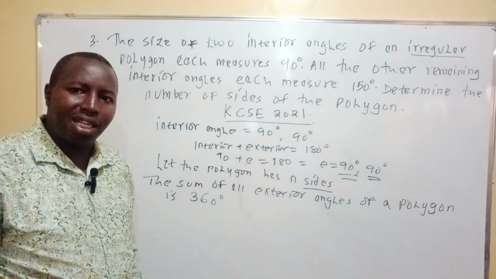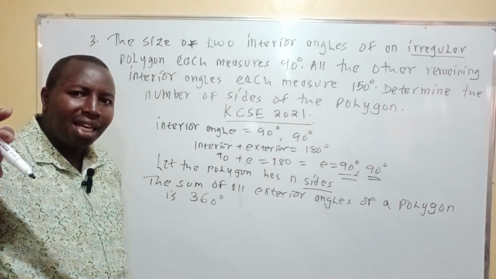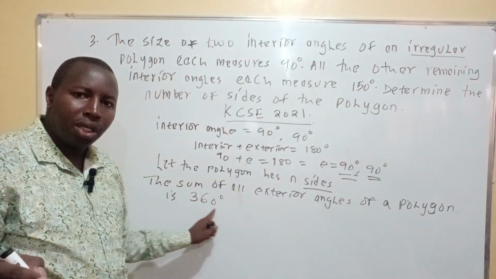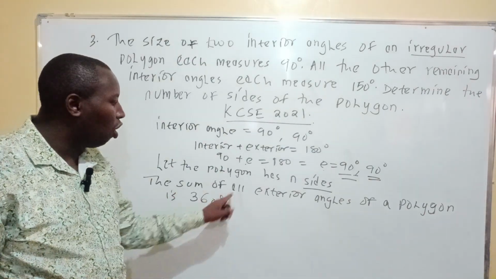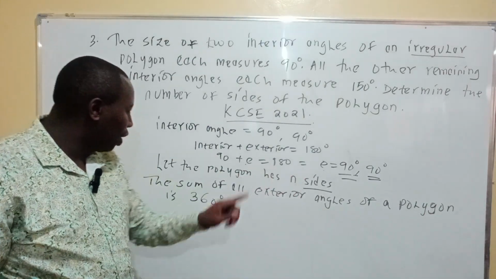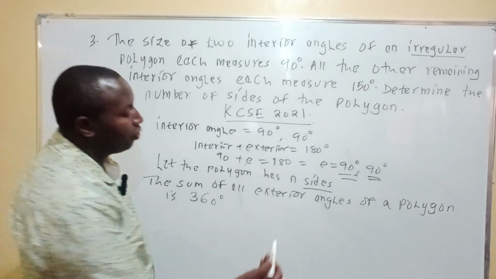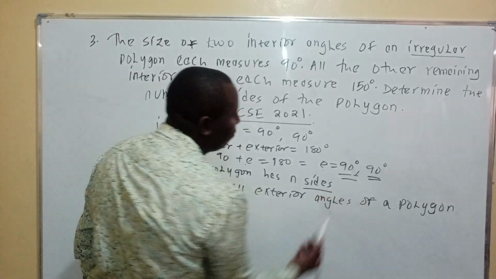That's the concept that the examiner is testing. We already have two exterior angles of 90.